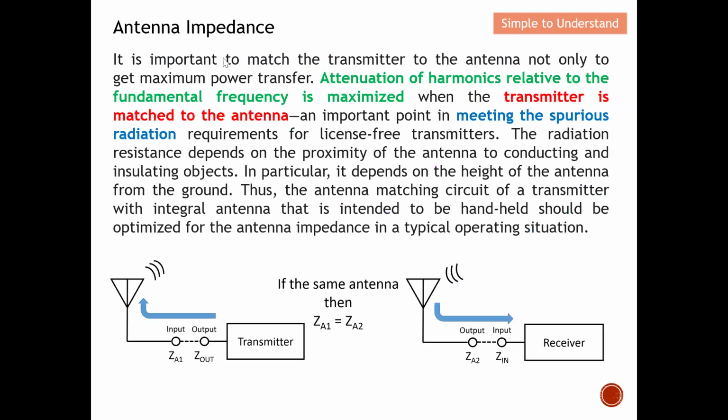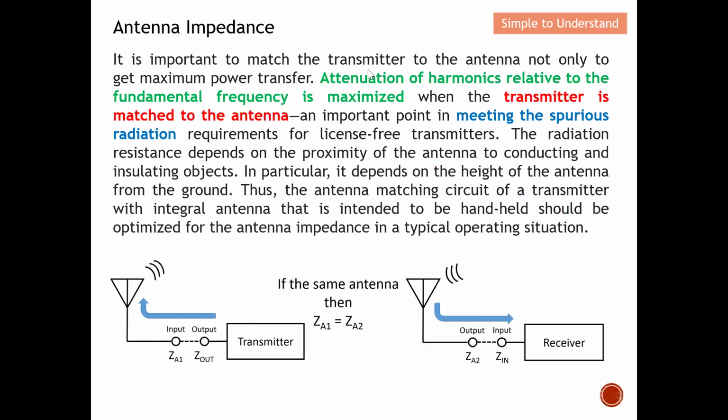It is important to match the transmitter to the antenna, not only to get maximum power transfer, but besides that, we also get the best attenuation of harmonics. Remember, harmonics are undesired and we need to remove them, so we want to attenuate the harmonics as much as possible.